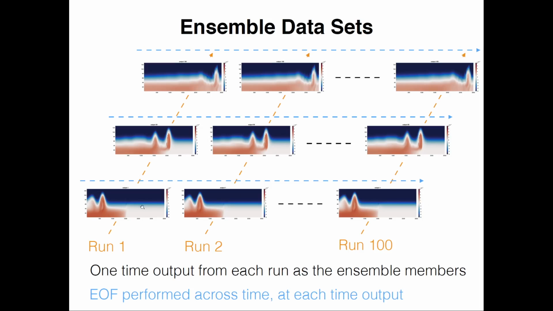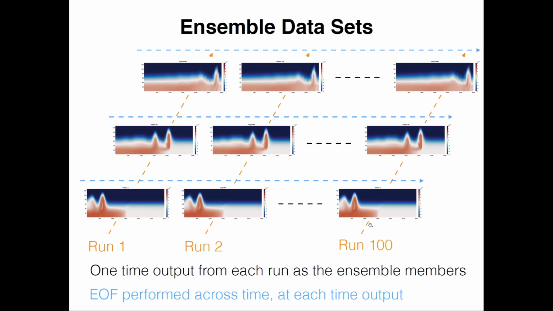So what we're going to have is a scree produced at every time, because every time output is going to have its own EOF data, but we're only going to pick as the proxy for that data the first eigenvalue for every time. That means the output that we care about from each of these different EOF analyses is the first eigenvalue at every output.